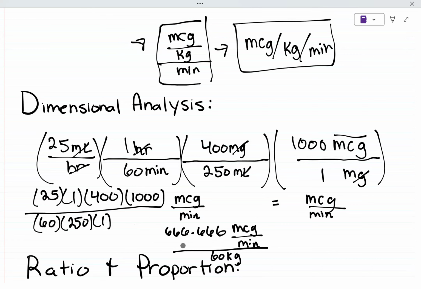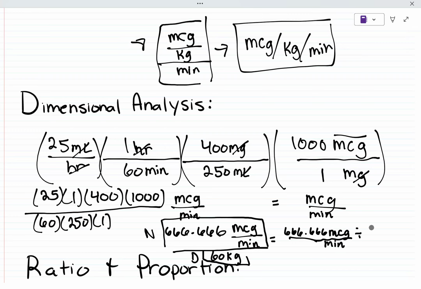So this is a complex fraction, and when you do the algebra, your units should be mcg per kilogram per minute, and I'll show you. What you need to know is this whole thing is your numerator, and this whole thing is your denominator. So you're going to rewrite this as 666.666 mcg per minute divided by 60 kilograms over 1, right?